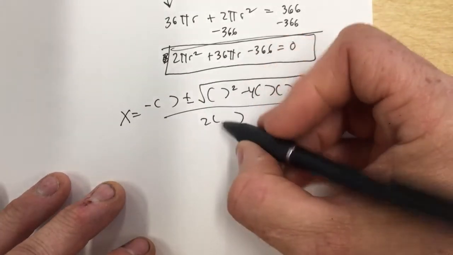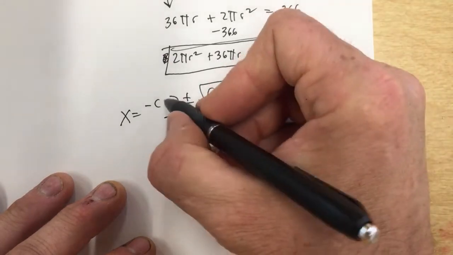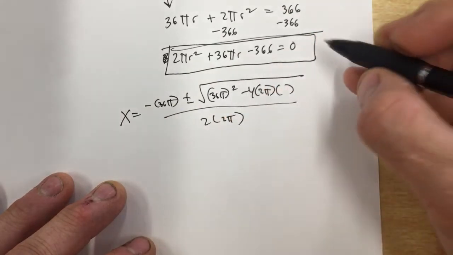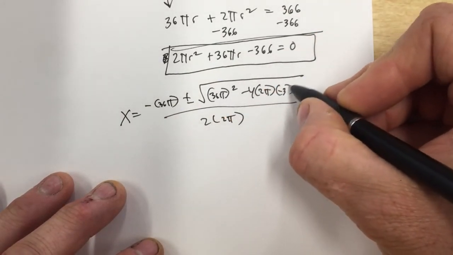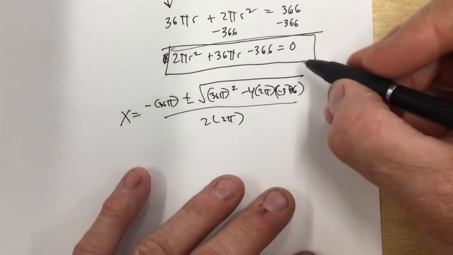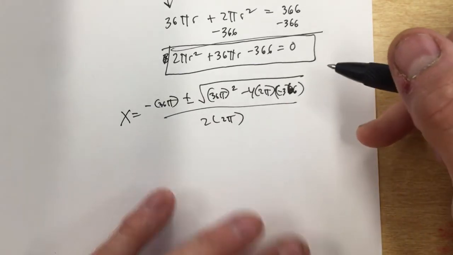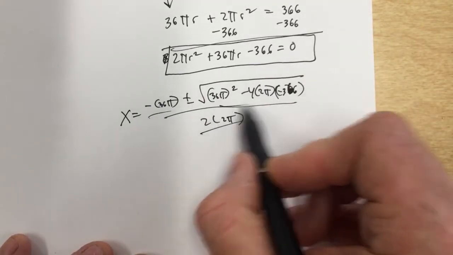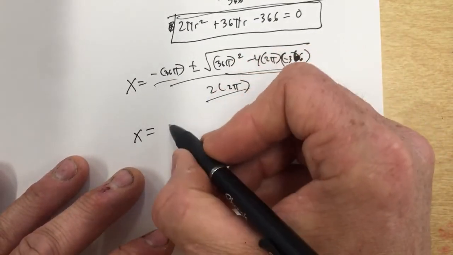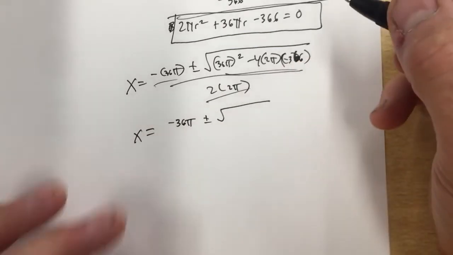All right, my a in this is 2 pi. My b is 36 pi. And my c is negative 366. All right, so there's 1, 2, 3 things to do. So x equals negative 36 pi plus or minus the radical.